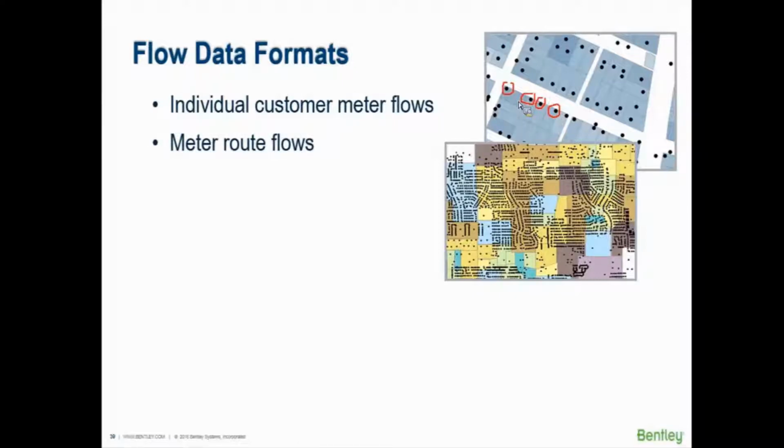You could just be bringing in meter route flows into pressure zones, and that's fine. We would just have a polygon to represent that, the downstream of that flow meter, where whatever nodes were representative of that flow meter. It's not as precise. Pressure zone flows, they are not as precise as having individual customer meter records, though.